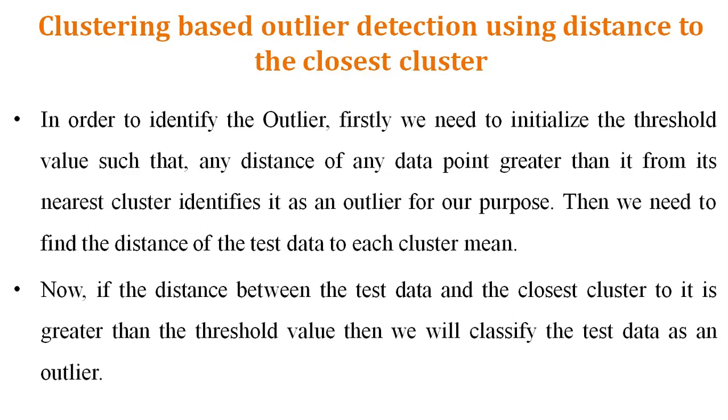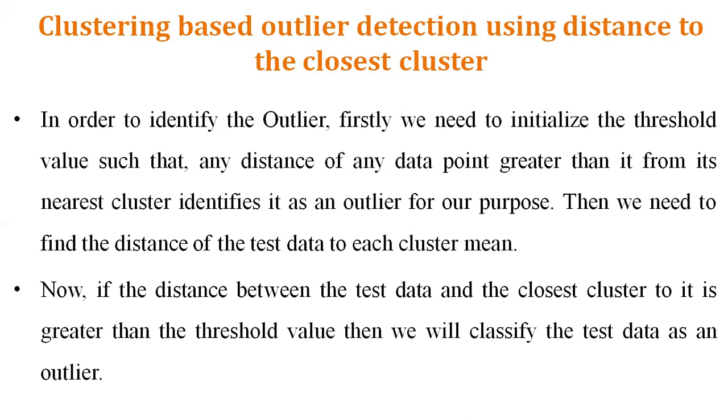Okay. In order to identify the outlier, firstly we need to initialize the threshold value. That means if you're calculating distance between some data points, whichever point has more distance, we call it an outlier. But what is the threshold value which we need to take into consideration to say it is an outlier?